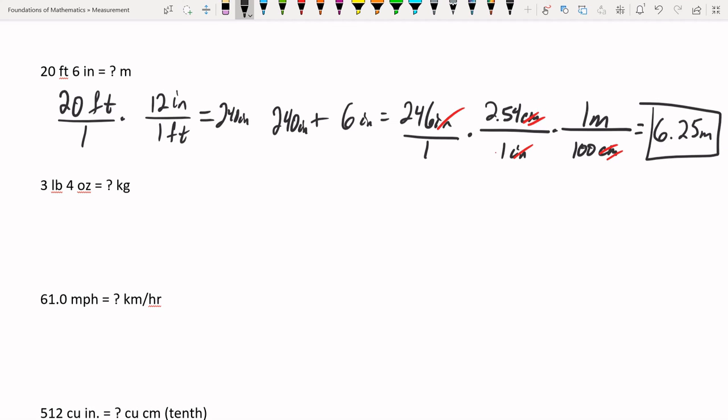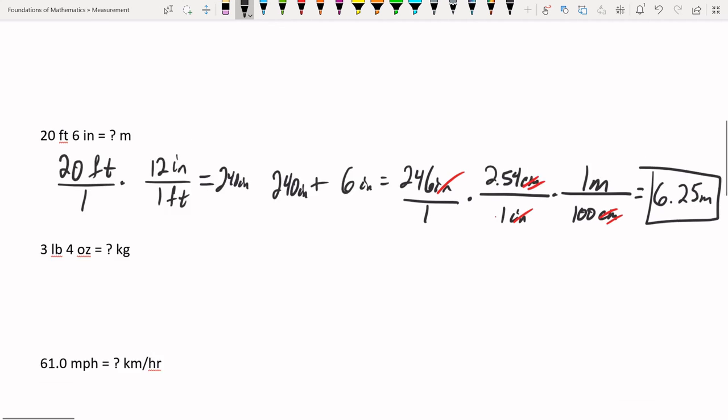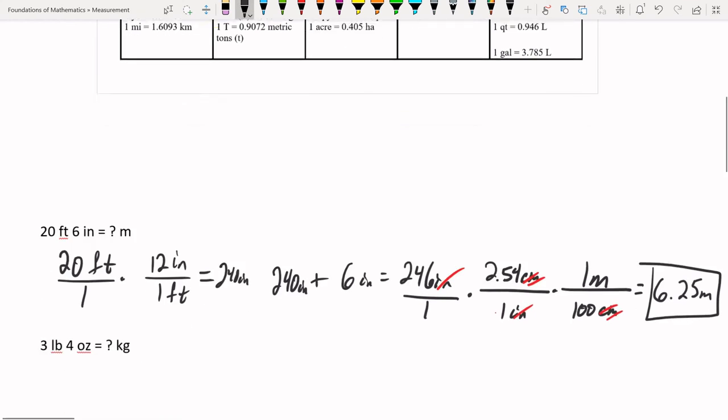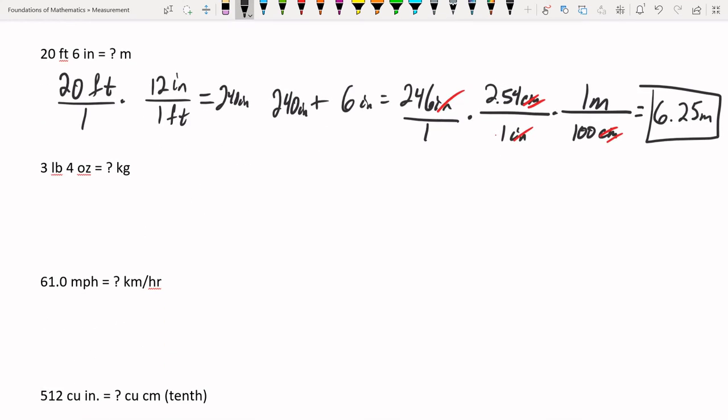All right, 3 pounds 4 ounces into kilograms. Let's see, pound to kilograms right there. So maybe that's the best thing to go for. 4 ounces is, there's 16 ounces in 1 pound.